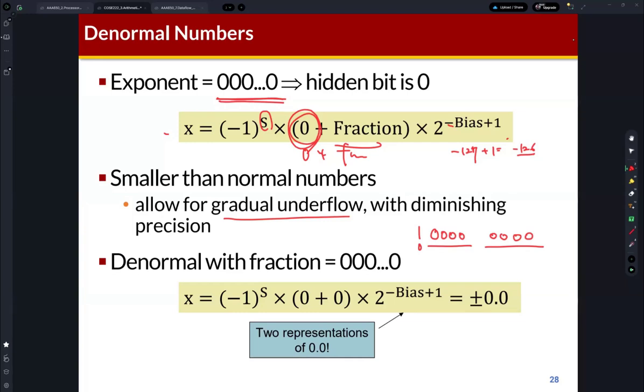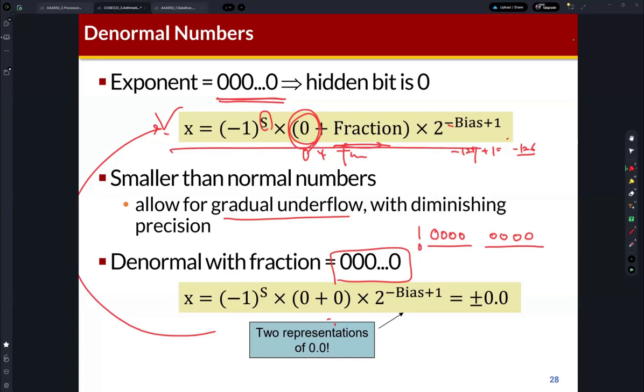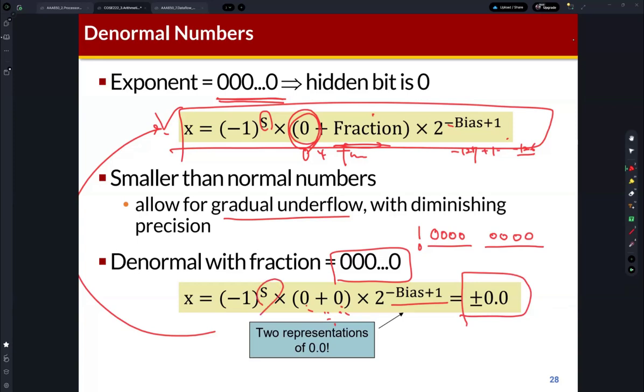Because the exponent is 0, we need to use this format, so it starts with 0. So 0 plus 0, with all fraction bits 0, multiplied by this power. So it's plus 0 or minus 0 based on the sign bit, but actually these numbers are both 0.